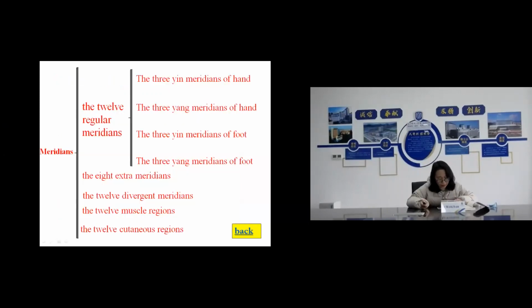Meridians include 5 parts. The first one is the 12 regular meridians. The 12 regular meridians include yin meridians and yang meridians, of the hand and foot.